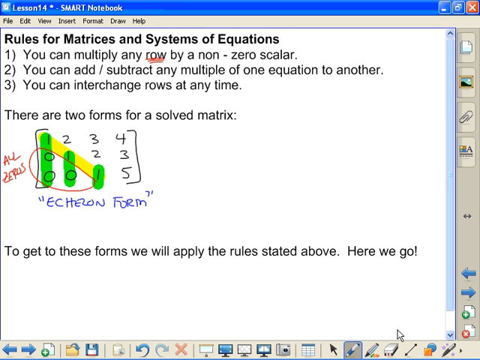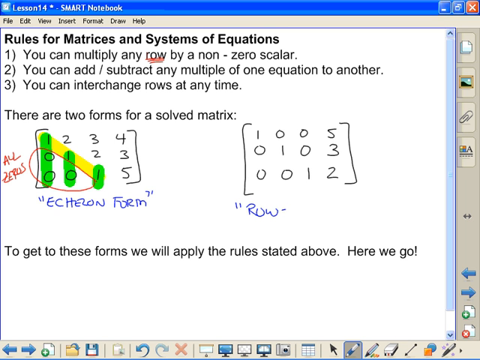The other form that some of you are going to use, if you go into engineering specifically, or a pure math field, you have to get it to reduced echelon form. This is not the one I bother teaching. It's too many steps for what I want to get out of it. But I'll show you what it looks like. You'll find that it looks very similar. Okay, so this is what you call row reduced echelon form.